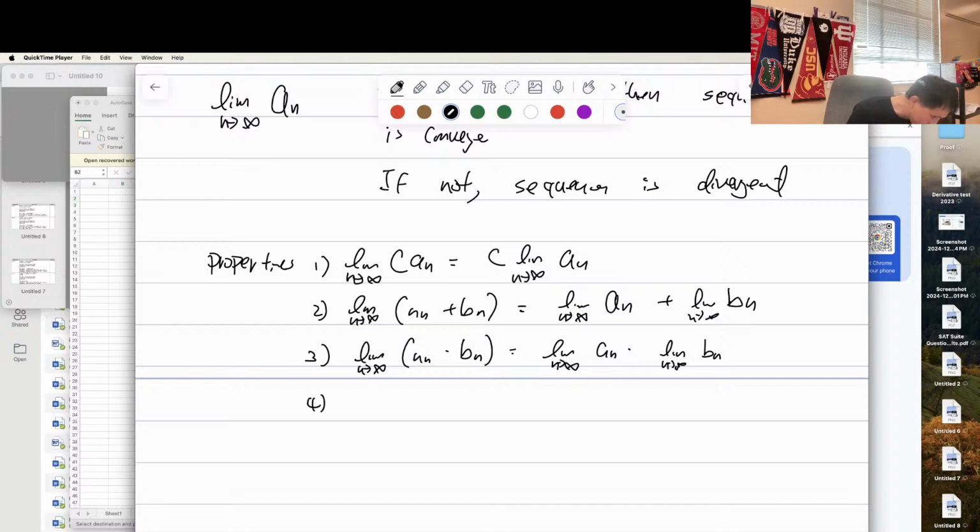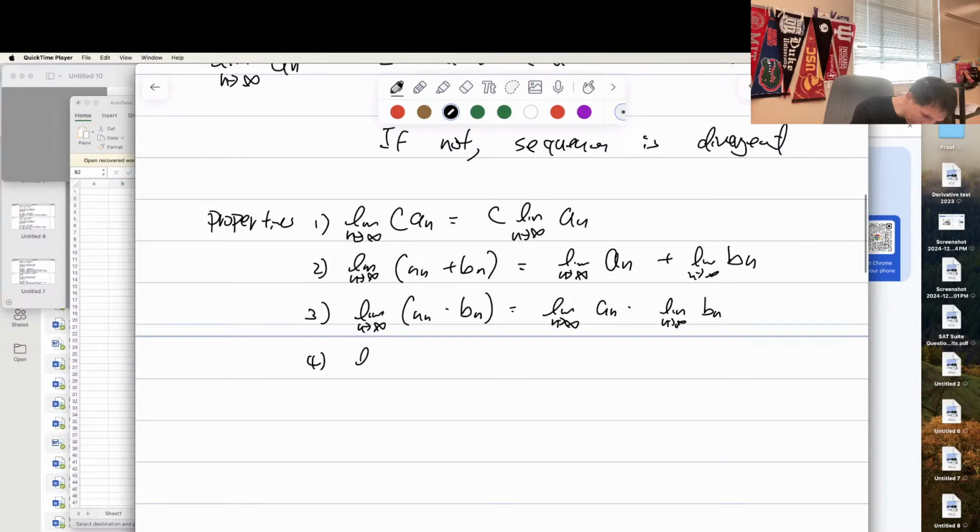Those are very, very standard properties. Some of you probably think I don't even need to write that down because it's intuitive, but I still have to tell you because this is the first time we deal with a sequence. Obviously, you can write that as the limit of a_n over the limit of b_n.